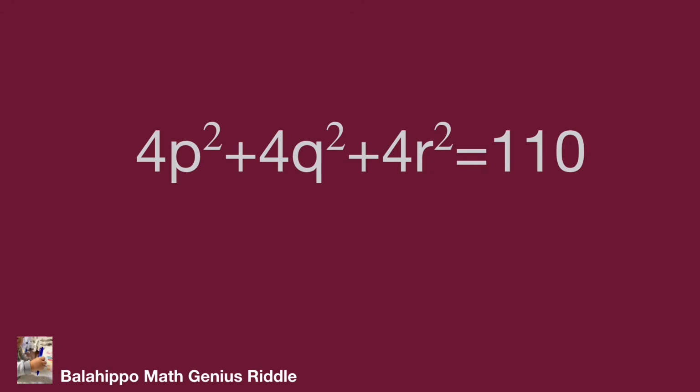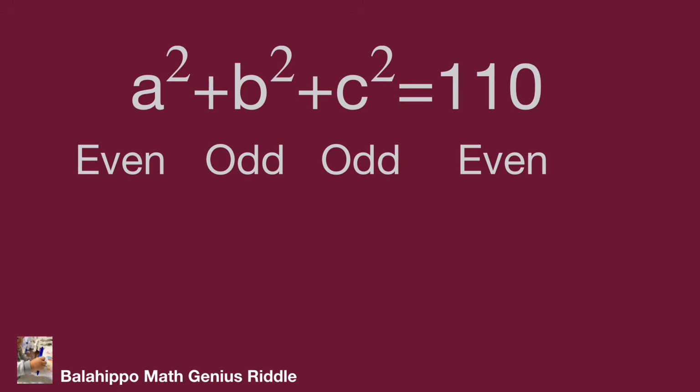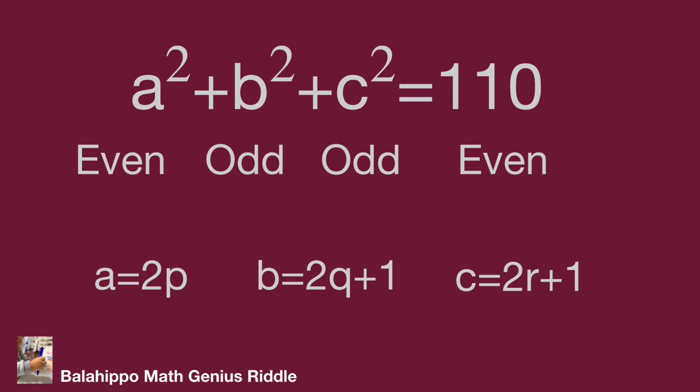So let's check the other condition, where one is an even number and the other two items are odd numbers. Let A equal 2p, B equal 2q plus 1, and C equal 2r plus 1.